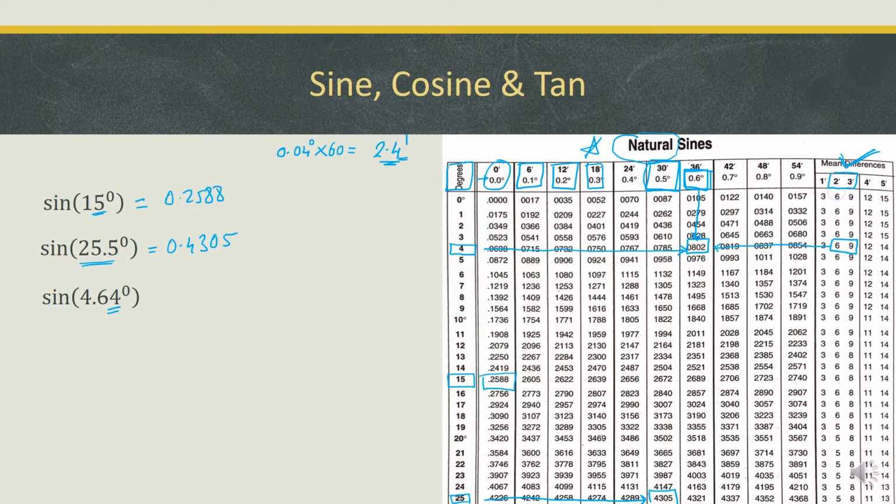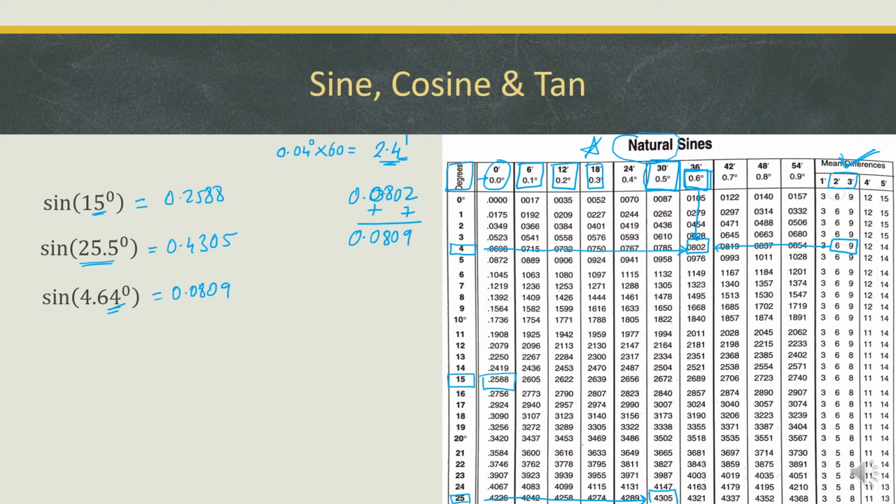The number is 2.4, and we have two options over here, 7 and 9. So we'll go with 7 over here because 2.4 is less than 2.5. So what we get is 0.802 plus 7. This will be 0.0809. So the answer that we get is 0.0809.